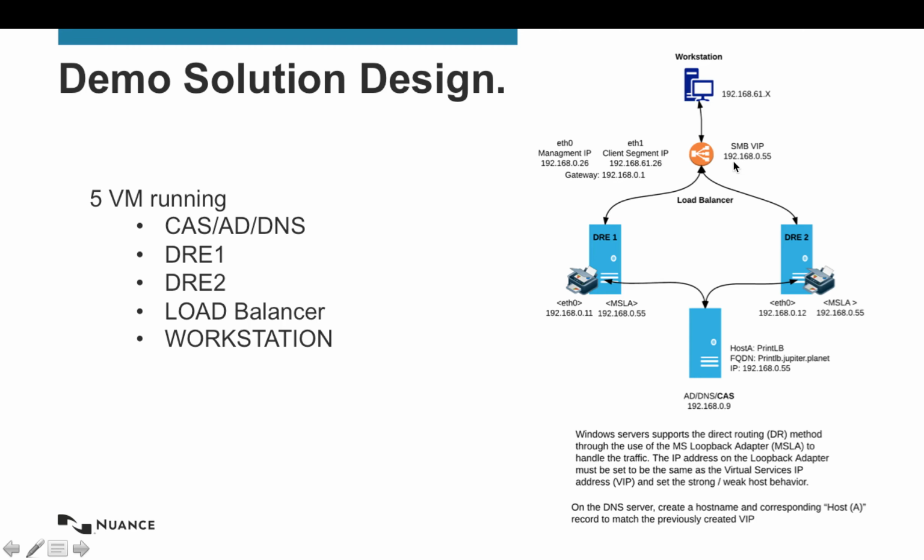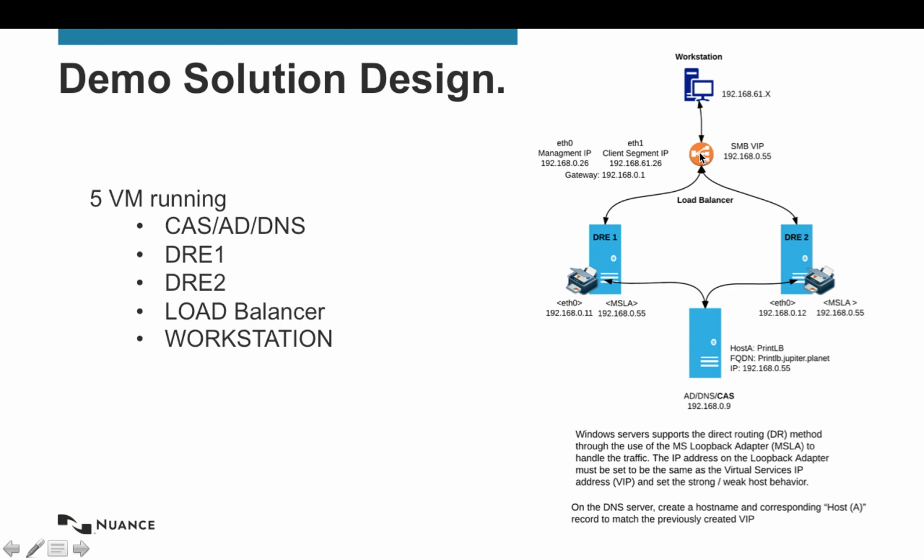So on the load balancer we configure a virtual IP, which is what the client will see and interact with, and in return, on all the DREs, or all the print servers that are going to be servicing under this load balancer, they will have a configured Microsoft loopback adapter, which will be the same as the VIP. They will obviously have their own real IPs, which in this case are 192.168.0.11 and 0.12. The virtual IP, or the VIP, is 192.168.0.55. This IP is configured on the load balancer, and this is a virtual IP as the name suggests.